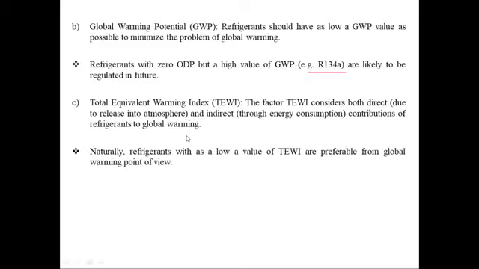So that is the indirect use of carbon dioxide for that refrigerant. The total of direct and indirect should be small. Naturally, refrigerants with as low a TEWI value are preferable from the global warming point of view.